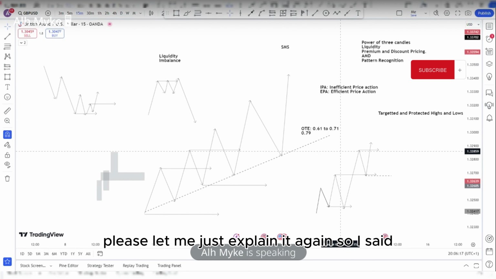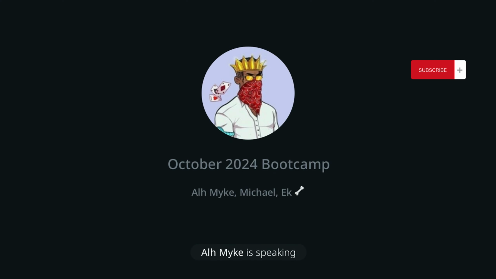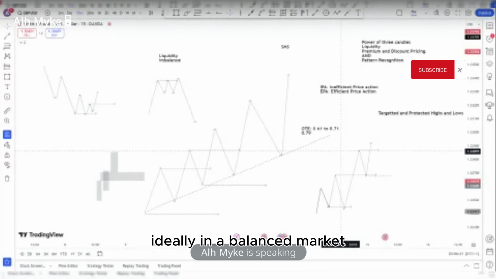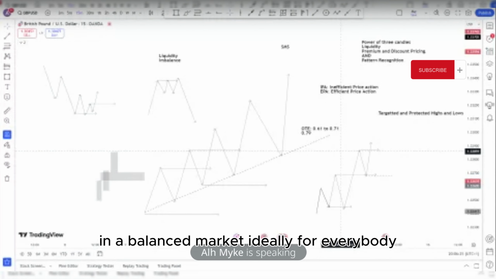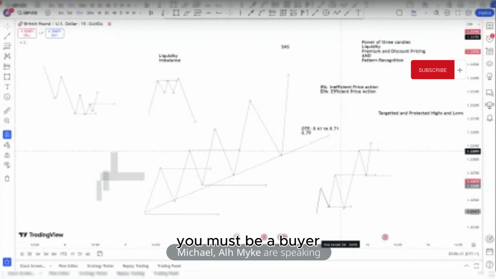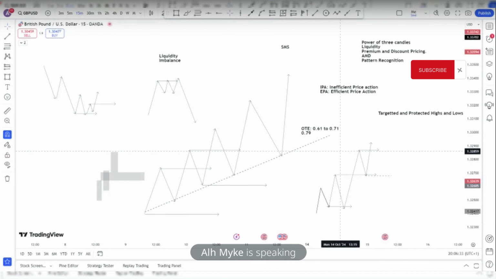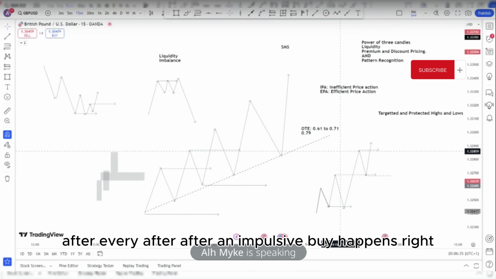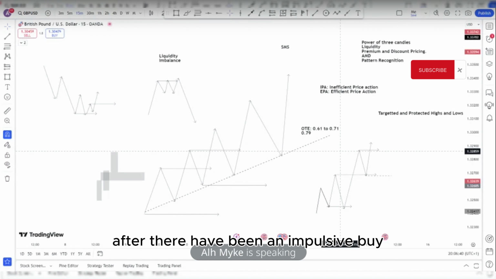Yes. Let me just explain it again. Right, so I said ideally, in a balanced market, for every buy there must be a sell. For every buyer there must be a seller, and for every seller there must be a buyer. Now, after there has been an impulsive buy or a series of buys, there has to be a correction.